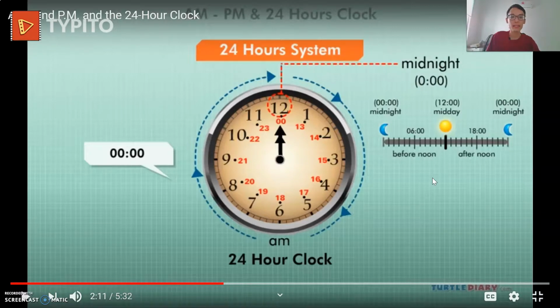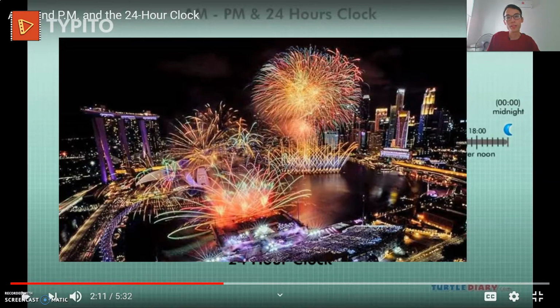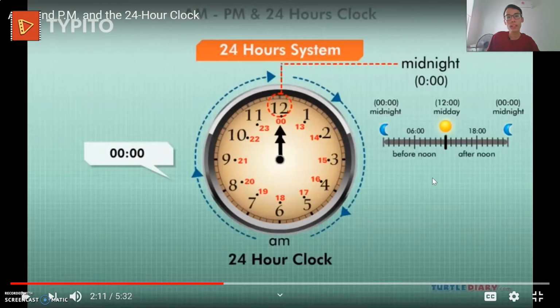It's the next day, the first minute of the next day when the clock reaches 12 midnight. Hari yang baru bila jam menunjukkan 12 tengah malam. Sebab tu kita meraikan tahun baru, okay, 1 Januari, kita meraikan, awak dengar fireworks, okay, bunga api pada jam pukul berapa? 12 tengah malam.